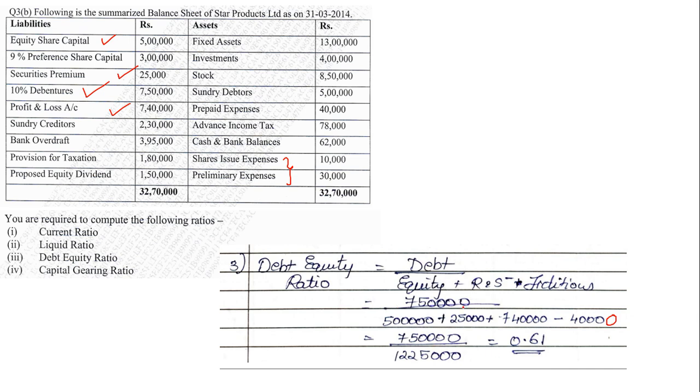Okay, so 7,50,000 upon 5,25,000, 7,40,000 less 40,000, that's the total of fictitious assets. So we got 7,50,000 upon 12,25,000 divided, we got the value as 0.61. Okay, so you can note down that.